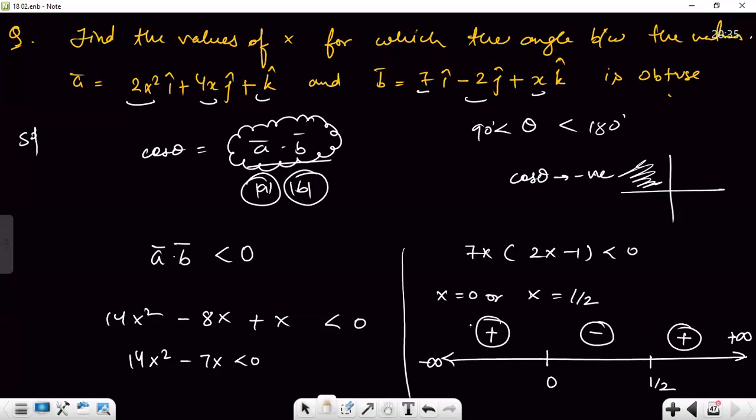What do we have to find out? We have to find out the values of x for which the expression is negative. So the x value should lie between 0, 0 excluded, and half. So this is our answer.